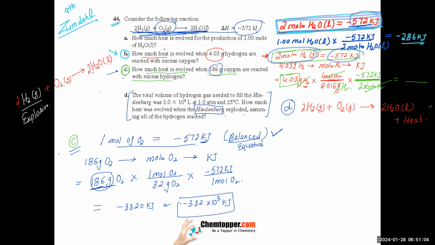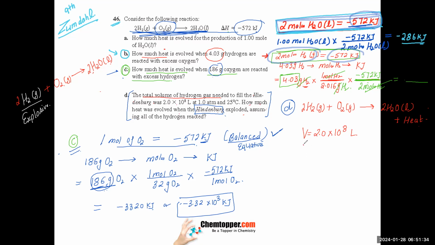Okay, now this is the reaction, right? The total volume of hydrogen gas needed to fill the Hindenburg was this. Volume is given. I'm making the list of the things which are given. It's a combination of unit 6 and 3 question, free response question type. How much heat was evolved? Oh, heat.